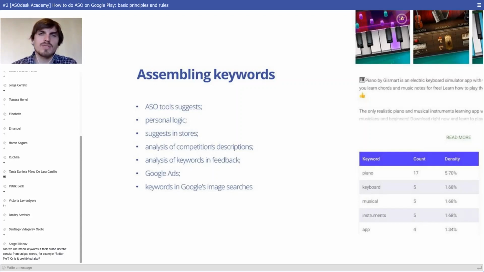We'll be talking about this further tomorrow during the lecture about App Store optimization on App Store, and we'll be looking in the ASOdesk console at how to perform this. However, today I just wanted to outline this process and the main ideas. How do we find keywords for our app?